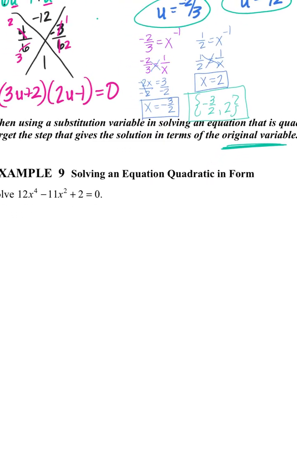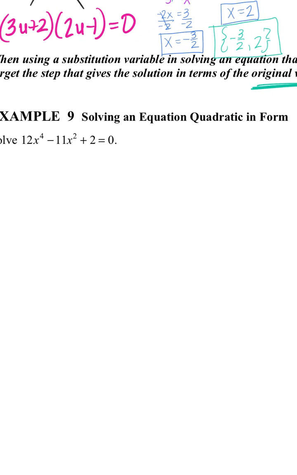All right, so we got this last one here. We have x to the 4th and x squared. So we have an x squared, so we're going to say let u be x squared. So now I've got 12... Well, what's going on here?